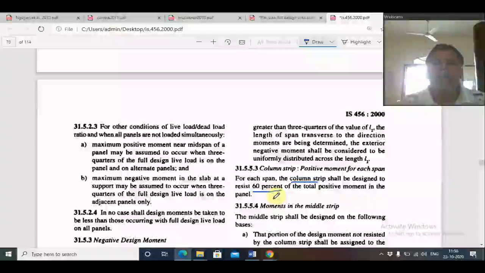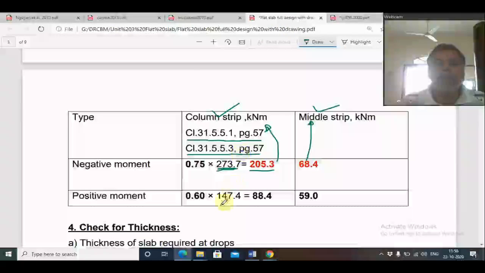So 60% will be shared by the column strip, and the remaining 40% is given to the middle strip. The 60% of the total positive moment is 88.4, assigned to the column strip. The balance moment is 59, the 40%, assigned to the middle strip.